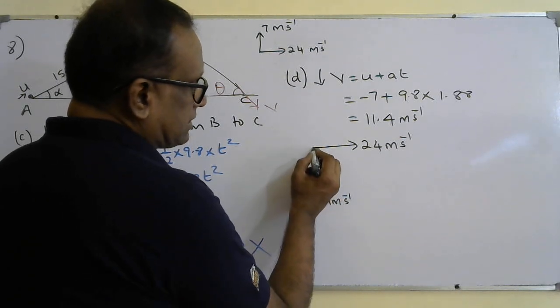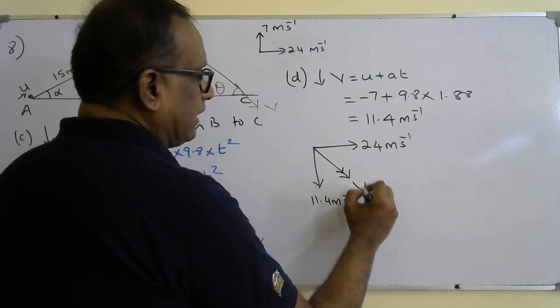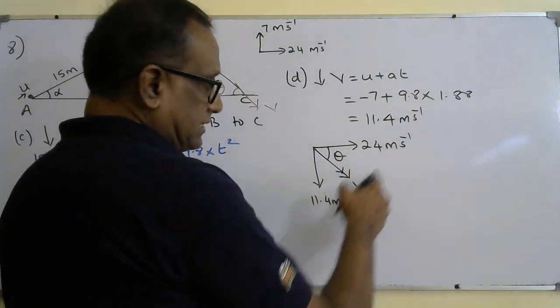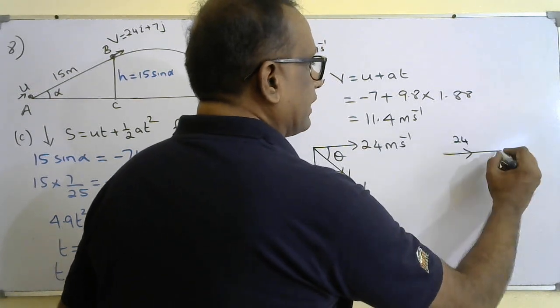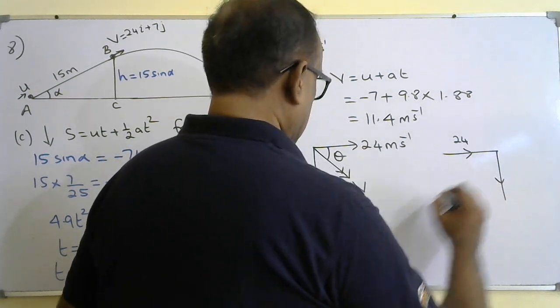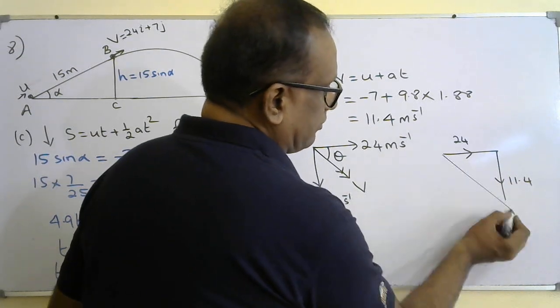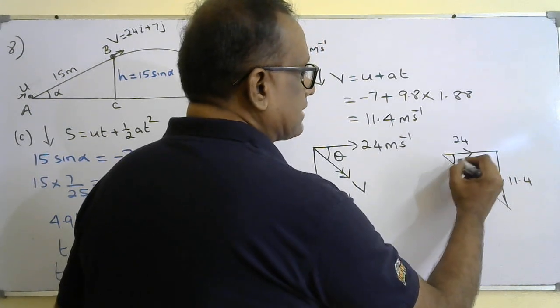The resultant velocity at which it hits the ground is v. That makes an angle theta with the horizontal. So velocity is a vector. Horizontal component 24, vertical component 11.4 meters per second. I'm not going to find the velocity, I'm going to find the angle. This angle I need to find.